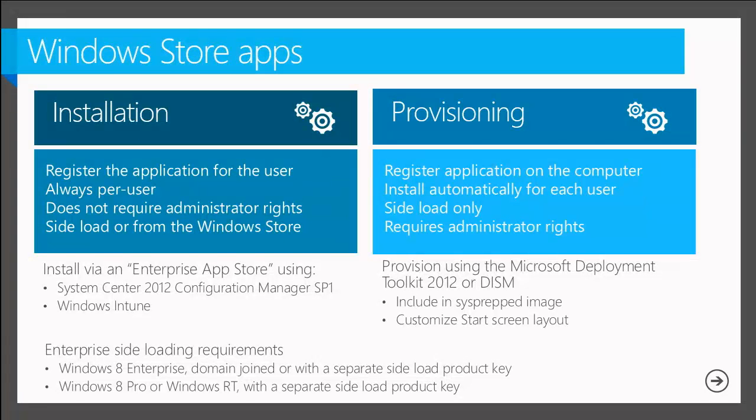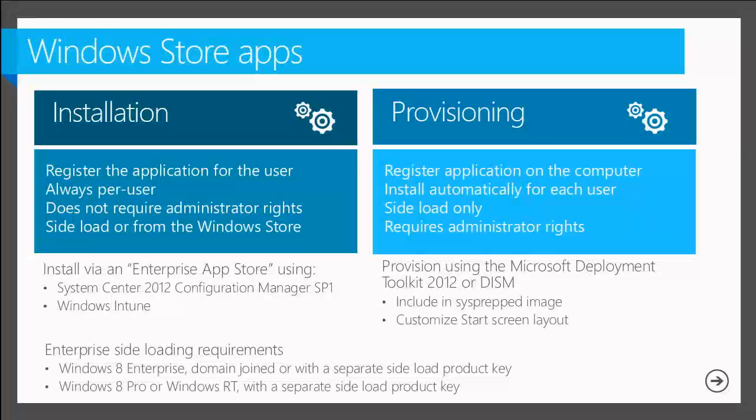If you don't have software assurance, then you would need to acquire that sideload product key. It's sold in 100 packs. So basically, one key can be used on 100 different computers to enable the computer to allow sideloading of applications. So 100 activations basically takes care of 100 computers, and you can then sideload as many apps as you want.